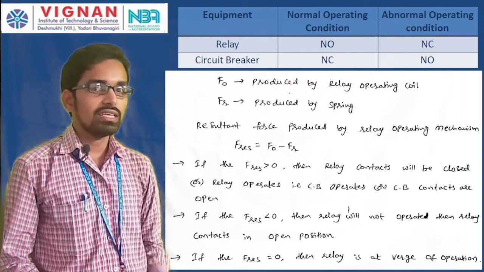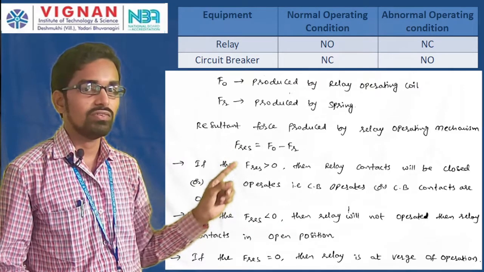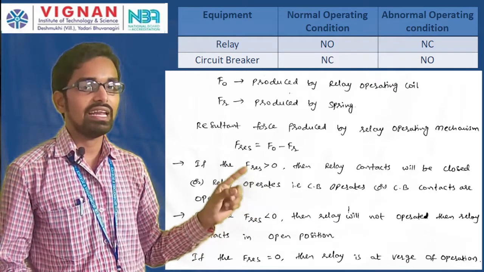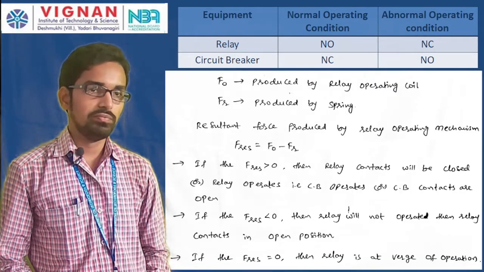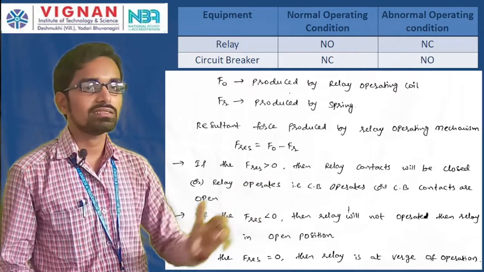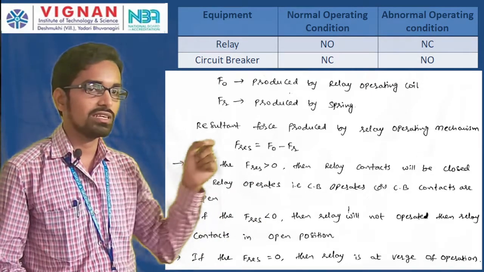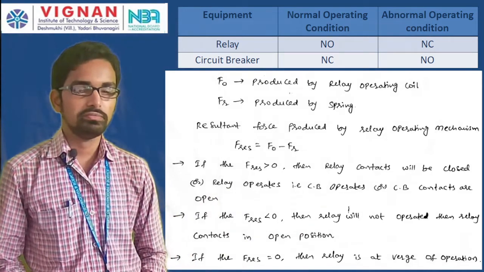If F resultant is greater than 0, the relay contacts will be closed, or the relay operates, and the circuit breaker contacts are open. Whenever the relay contacts are closed, the relay gives a trip signal to the circuit breaker, so the circuit breaker contacts open.